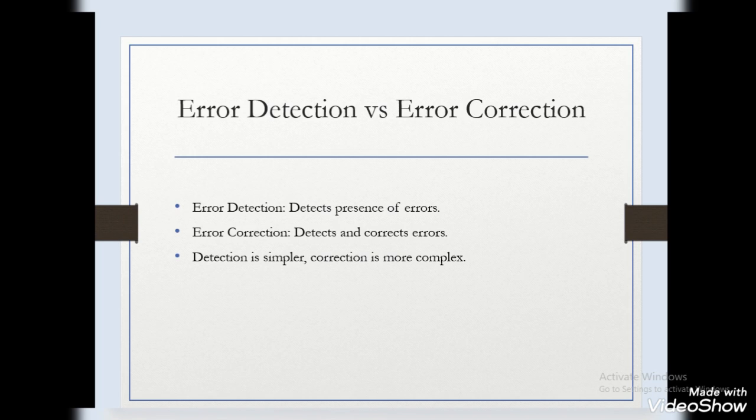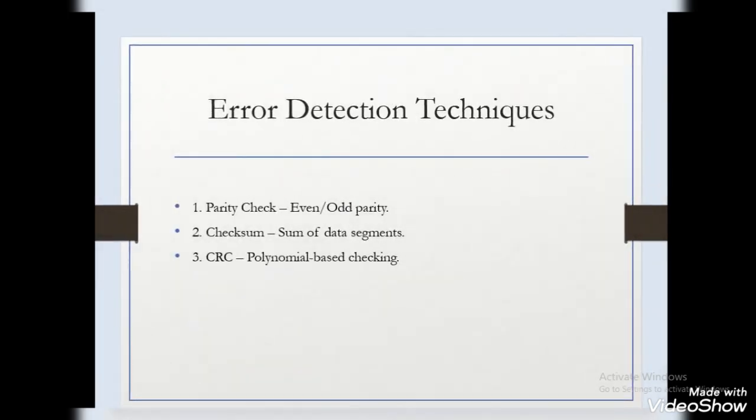Detection is simpler and faster. Correction is more powerful but complex. In error detection, there is only detection of the error, and in error correction, the error is detected as well as corrected.